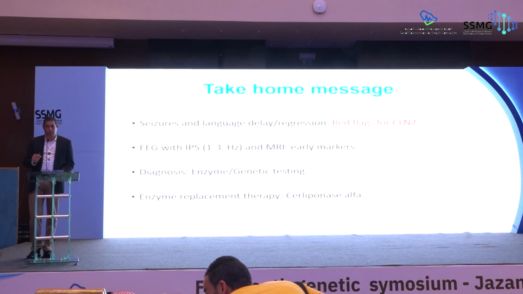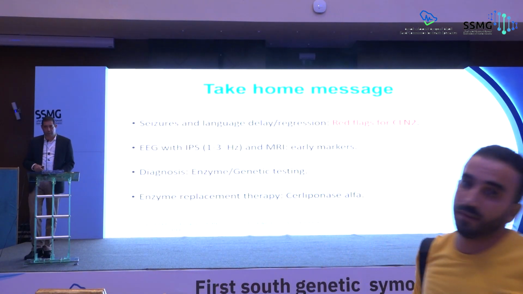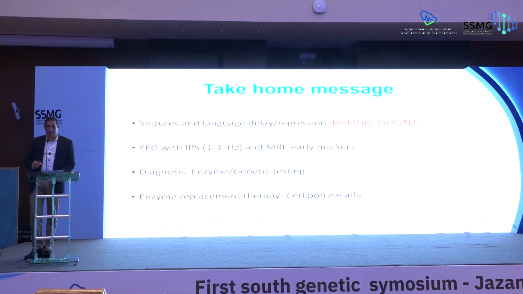EEG is an important tool if we do it in standard condition with IPS at low frequency. MRI is also useful, but we have to test for enzyme on dry blood spot and for genetic testing. Because with the disease-modifying therapy, the enzyme replacement therapy, cerliponase alfa, we can modify the course of the disease.